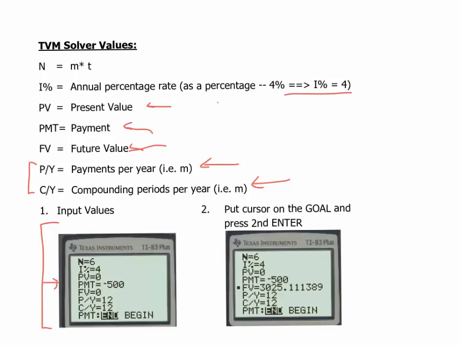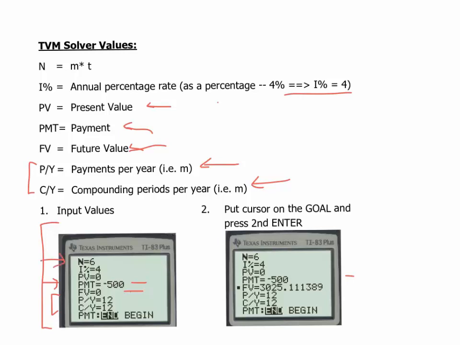You can leave it as positive 500, but one of the payment or the future value is going to be negative. Our payments per year and our compounding per year is going to be 12. This is the style of compounding and the frequency of payments or deposits. It is not the number of actual payments. The number of actual payments is the N.